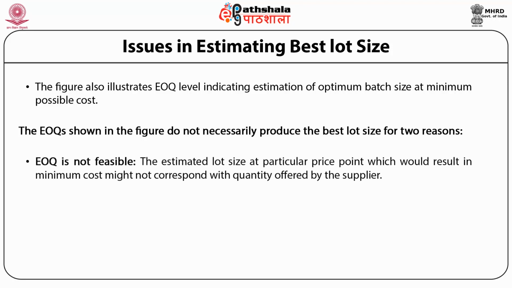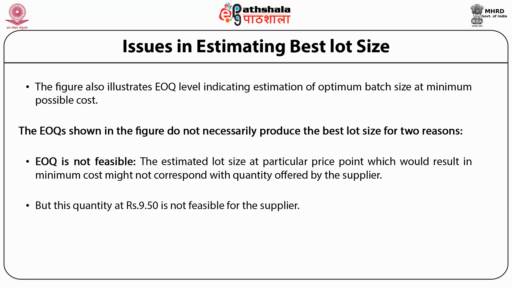One, EOQ is not feasible. The estimated lot size at particular price point which would result in minimum costs might not correspond with quantity offered by the supplier. For instance, point A in the figure indicates that by buying at price of rupees 9.50 per unit, number of units to be ordered per batch would be less than 1000.